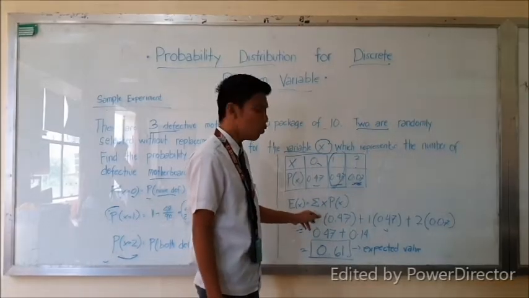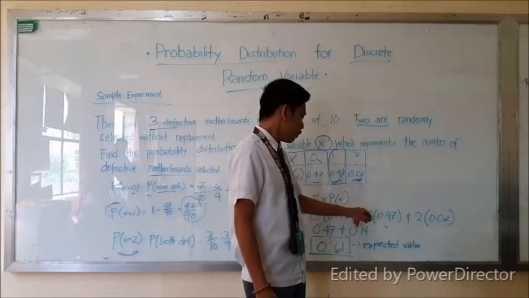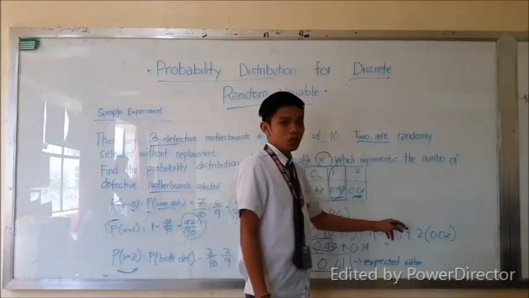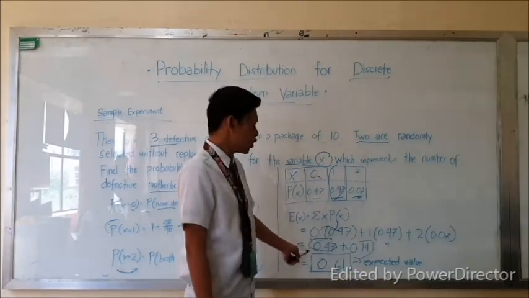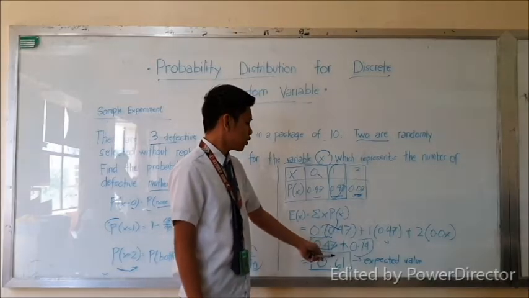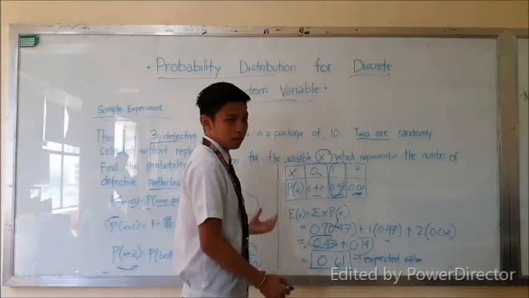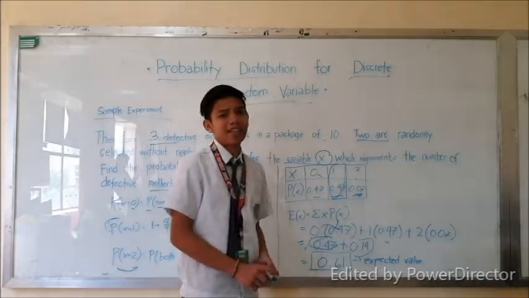So 0 times 0.47 is 0. 1 times 0.47, we have 0.47. 2 times 0.07 is 0.14. So 0.47 plus 0.14, our expected value in the given sample experiment is 0.61.